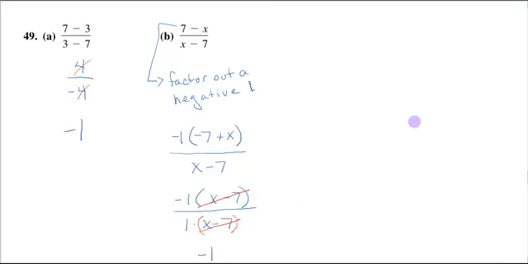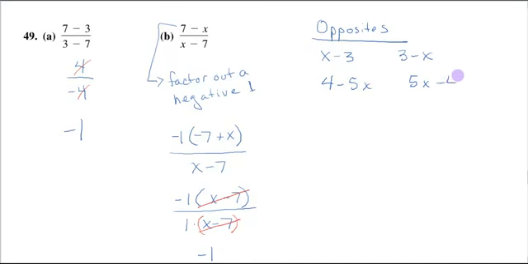We end up with the same type of number. We'll end up using this a lot, and these are what are called opposites. Okay, so opposites are things like x minus 3 and 3 minus x. Okay, 4 minus 5x and 5x minus 4. Okay.